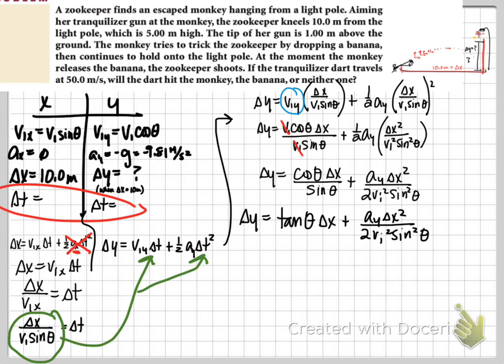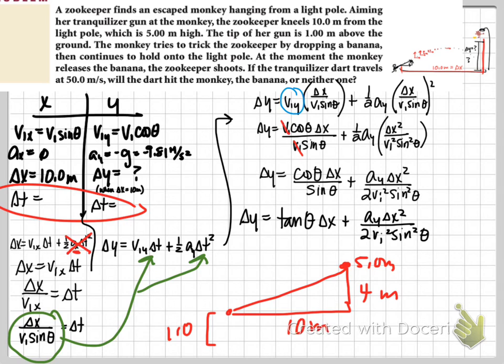Well, we don't. And what they give us in this problem is the fact that the tip of the gun is 1 meter off the ground and the light post is 5 meters off the ground. So we have a difference of 4 meters. So we have 4 meters, 10 meters, and they expect that you can find the angle.